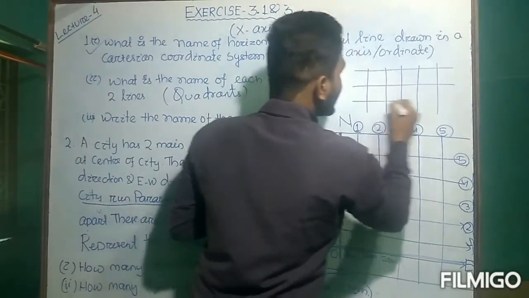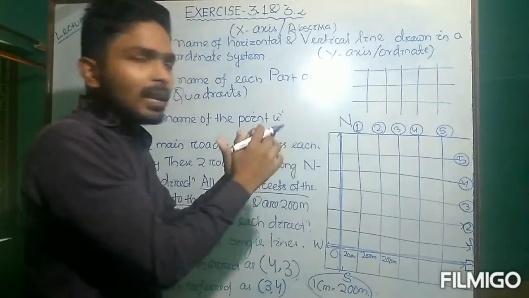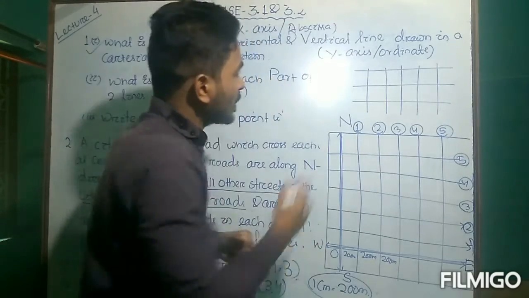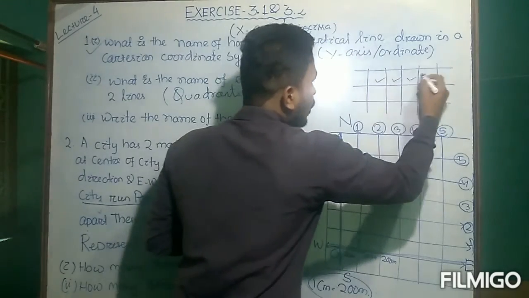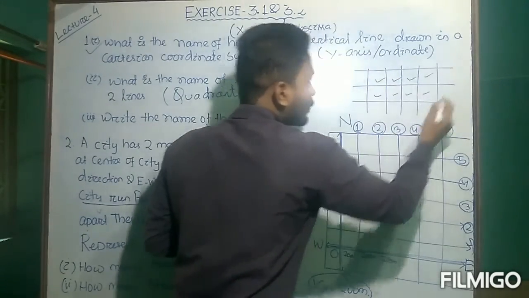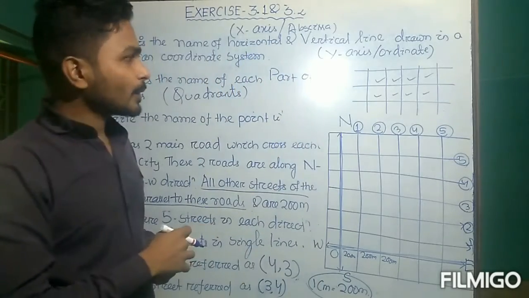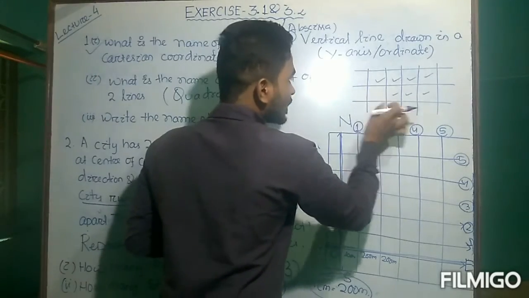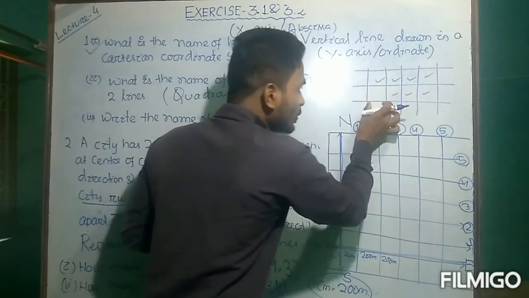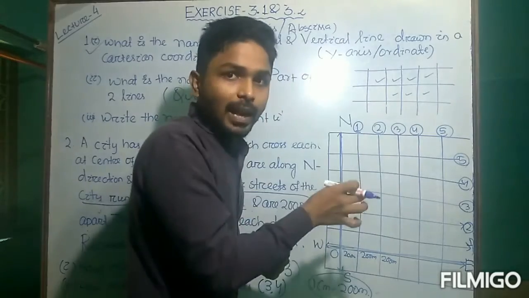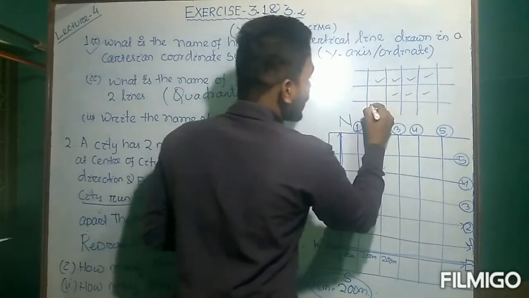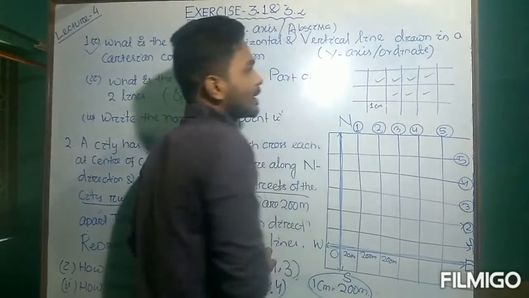Whenever these two lines intersect, they form boxes in the form of squares, and the length between any two consecutive vertical or horizontal lines is 1 centimeter.